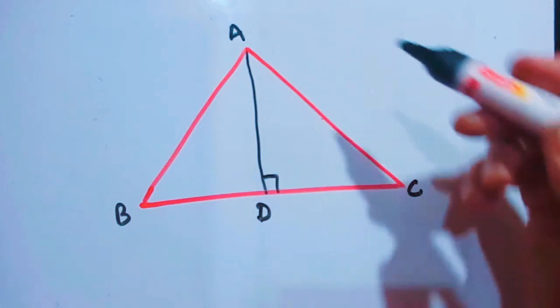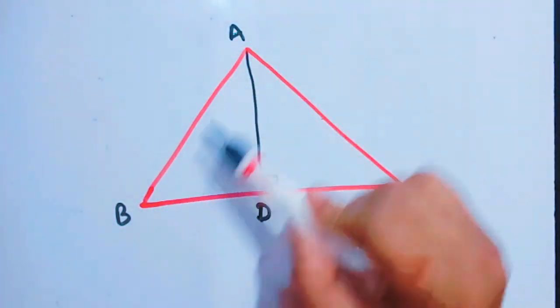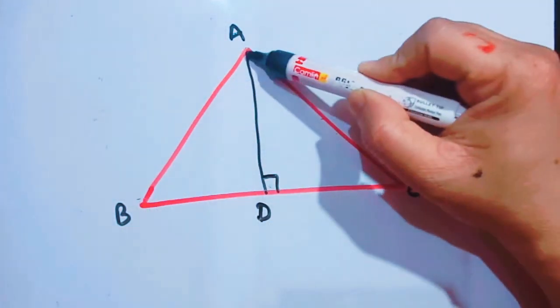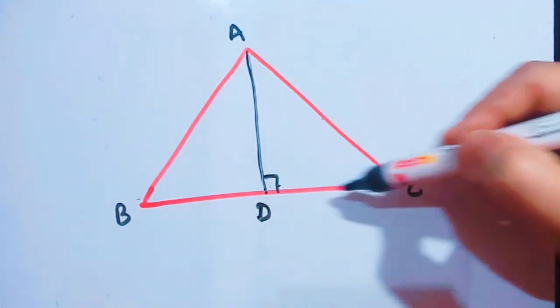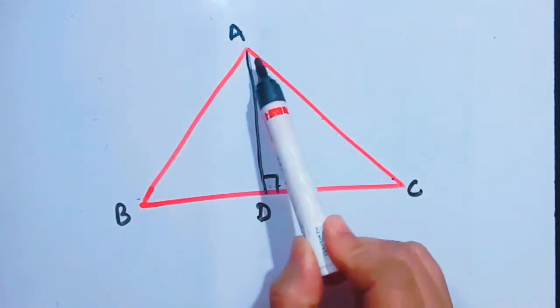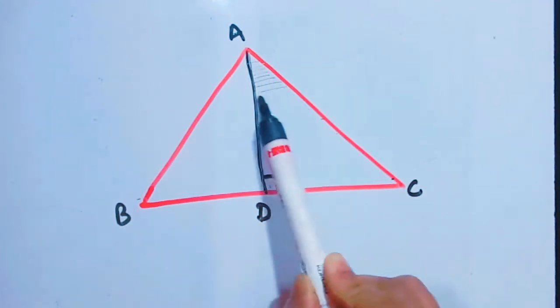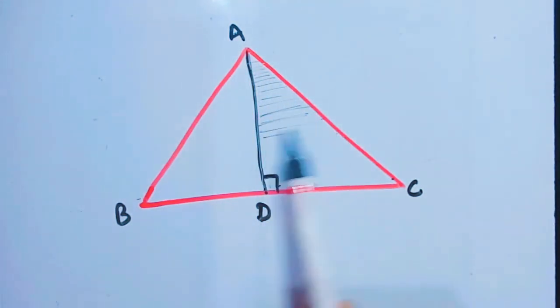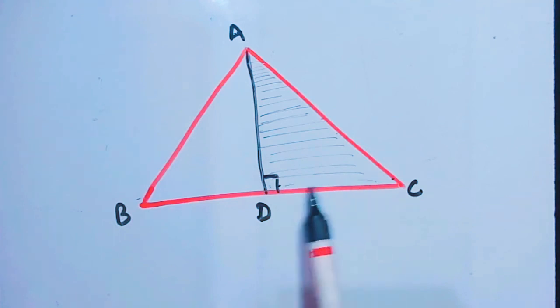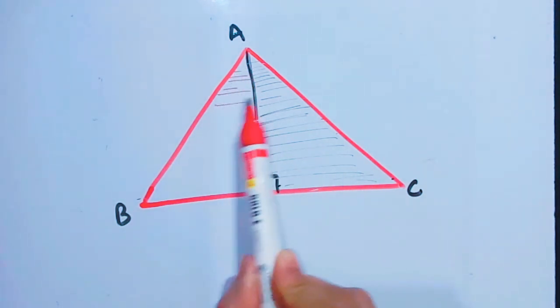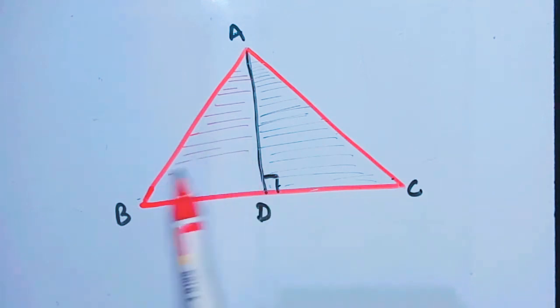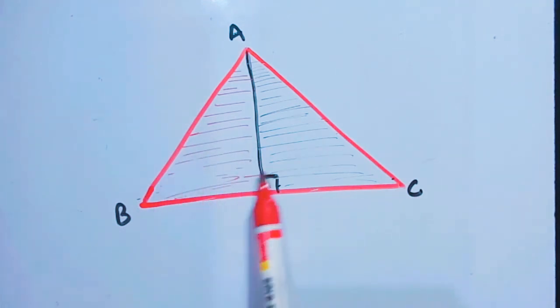So what I find is that ABD is one triangle and ADC is another triangle. Let me color it a little so that it becomes very clear to you that here we have two particular triangles, one in red and the other in black.